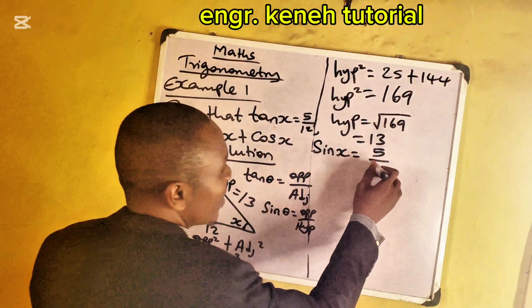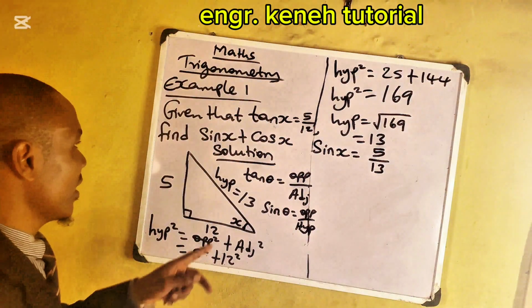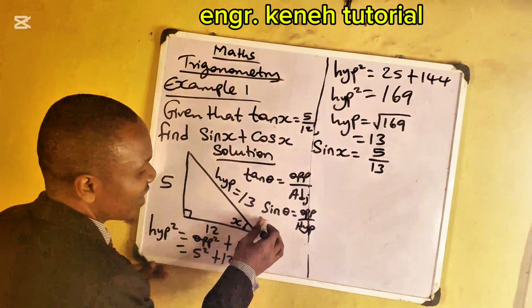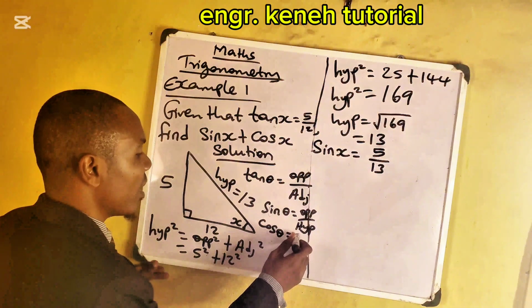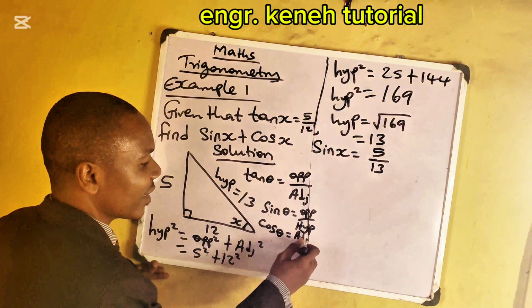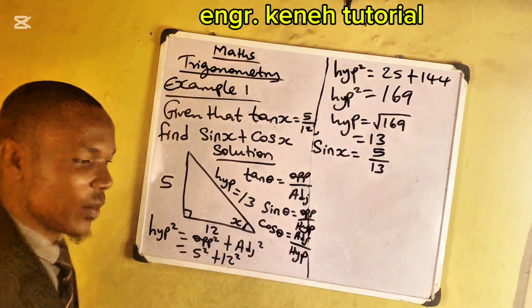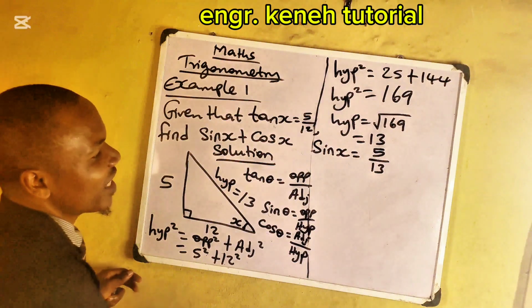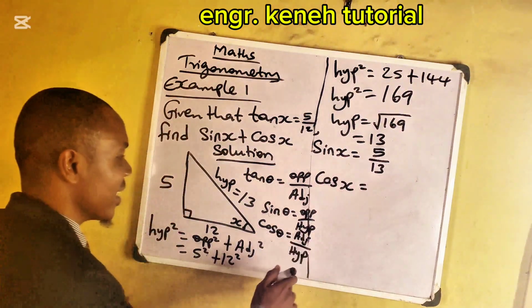So sin theta simply means 5 over 13. Can you see that? All right, let's look for cos. We have that cos theta is equal to adjacent over hypotenuse. Can you see it? Adjacent over hypotenuse. So that means that cos x is equal to adjacent over hypotenuse.